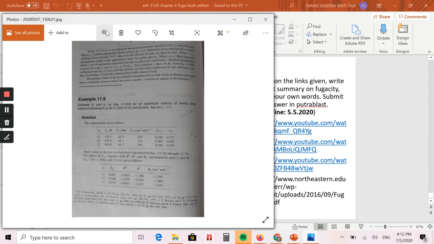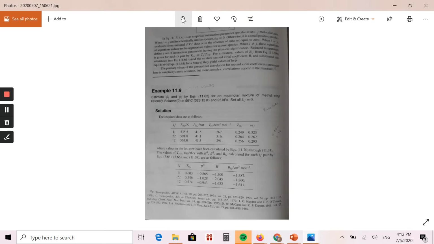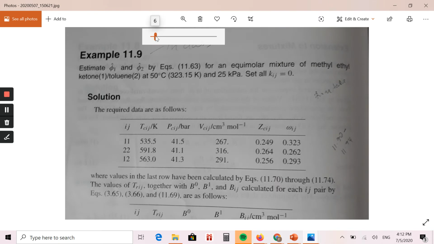Right. The next example that I want to show you is example 11.9, in which I feel that, again, these examples are very straightforward. It says to estimate the coefficient for an equimolar mixture of methyl ethyl ketone and toluene.